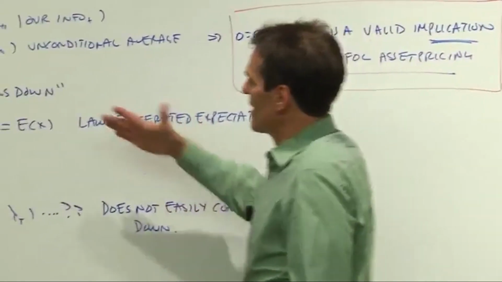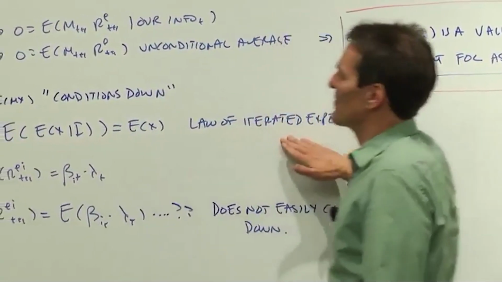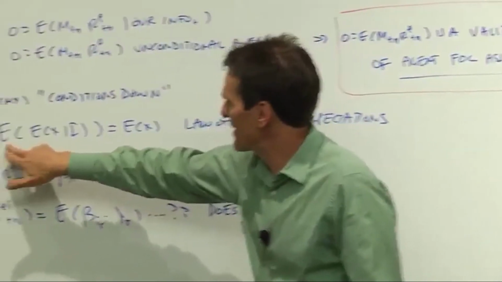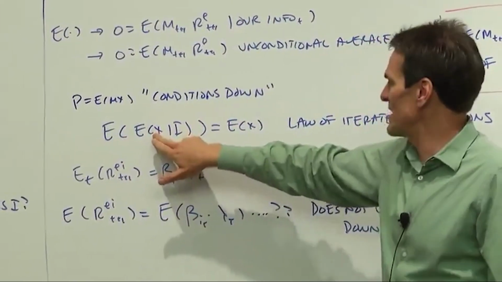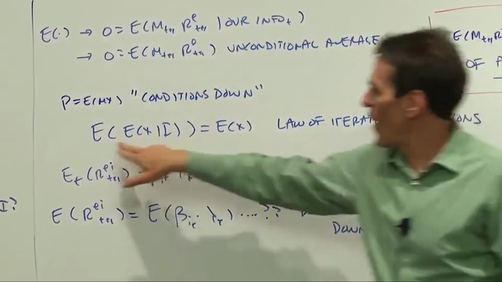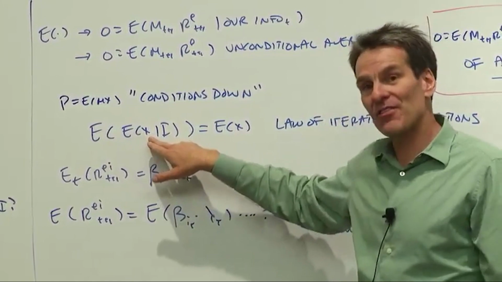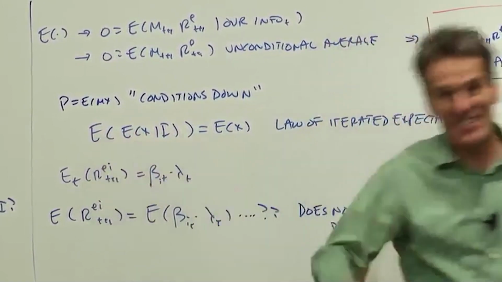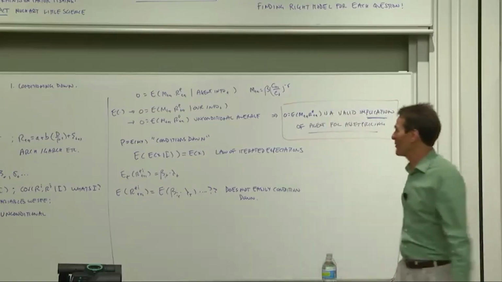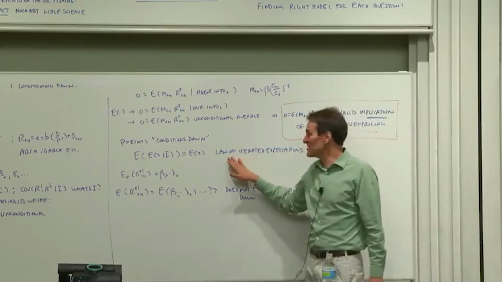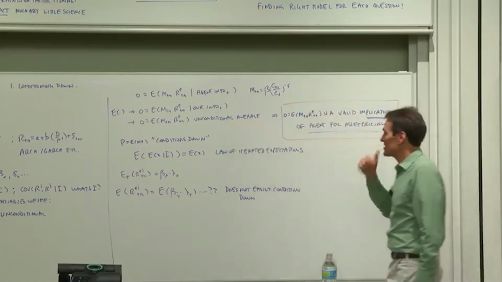The theorem is called the law of iterated expectations. The expected value of a conditional expectation is just the expected value. What you think today that you're going to think tomorrow about the weather the day after tomorrow is just what you think today about the weather the day after tomorrow. It's a fairly straightforward proposition, but it has this important implication for us.